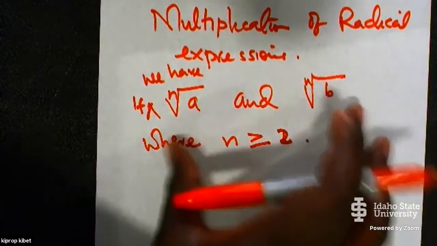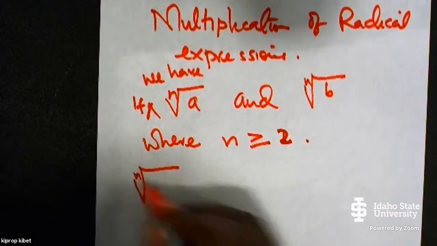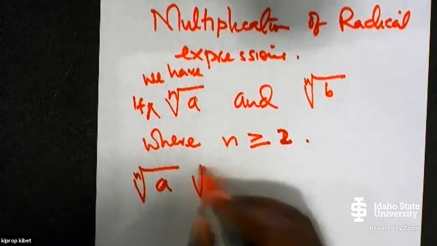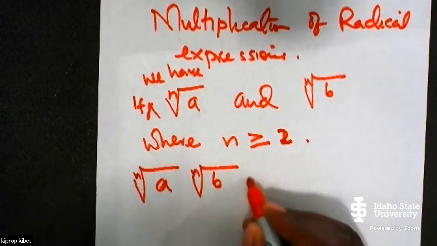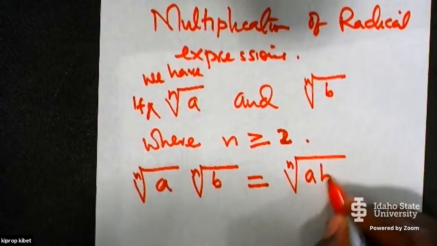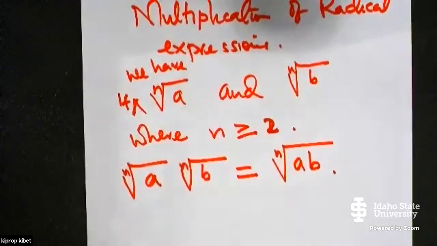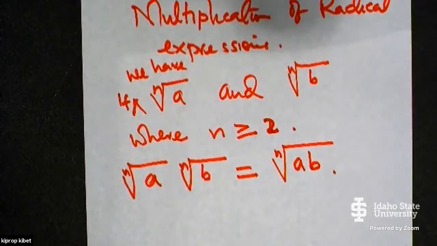then when we multiply the two of them, the nth root of a times the nth root of b is similar to the nth root of a times b.